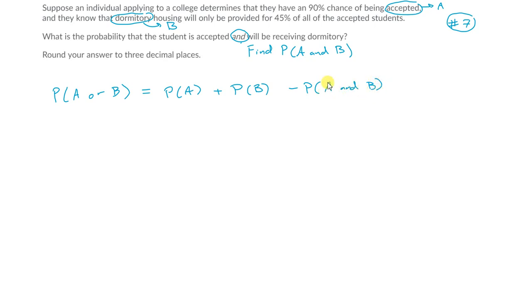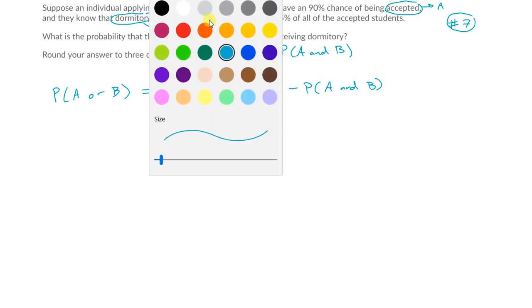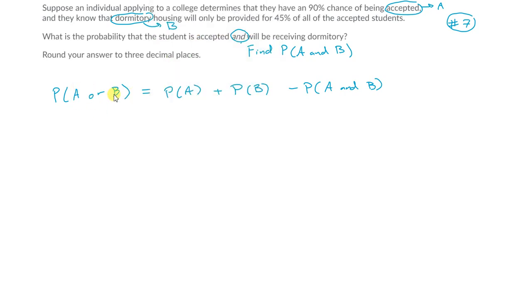So let's think about this. If I know these three values, I can figure out the fourth value. So let's see if I know them. Do I know the probability of A, the probability of being accepted? Yes, I do. Do I know the probability of B? It looks like I kind of do, 45% maybe, but we'd have to think about that. Is that really what they're saying there?